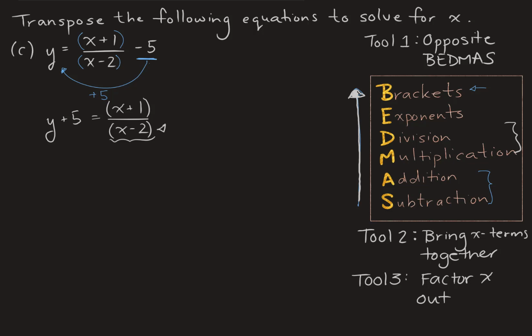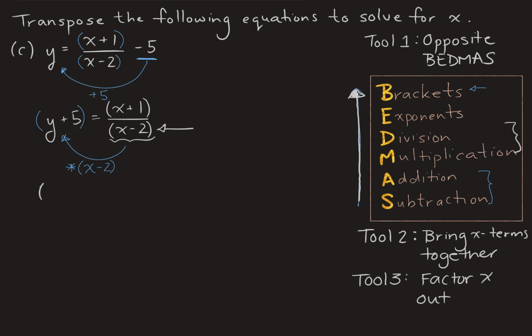I'm going to take what we are dividing by on this side, keeping the brackets there, and I'm going to do the opposite and multiply both sides by x minus 2. I'm going to change that to a star so we don't confuse that with x. Now it's important that we consider this y plus 5 term, that it also has implied brackets.